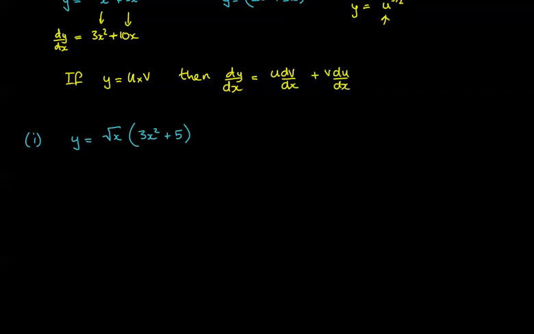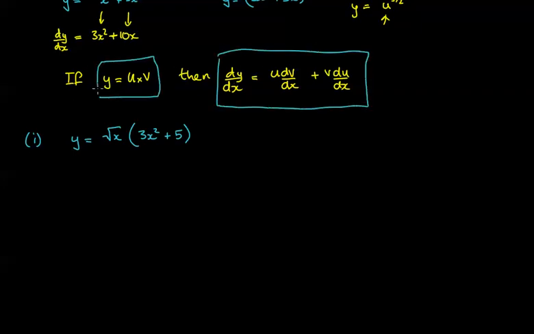Okay, so this is the chain rule. This is the product rule. So if y is two functions being multiplied together, like this one here, then the derivative of y with respect to x is the first function times the derivative of the second function plus the second function times the derivative of the first function.